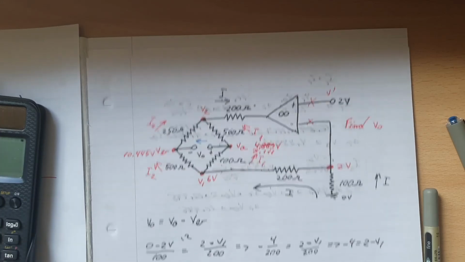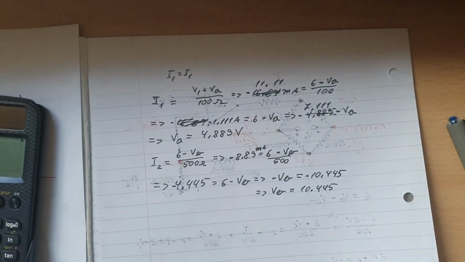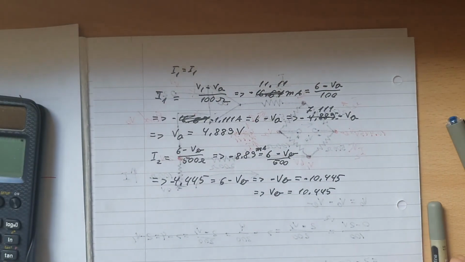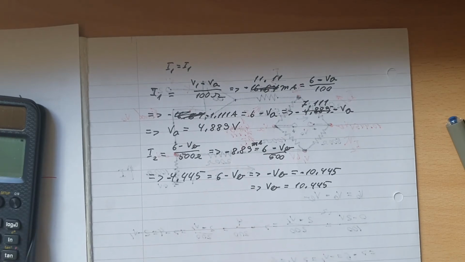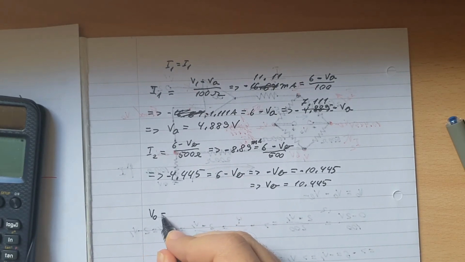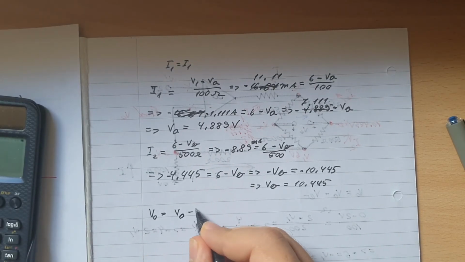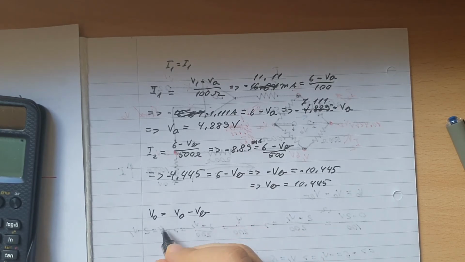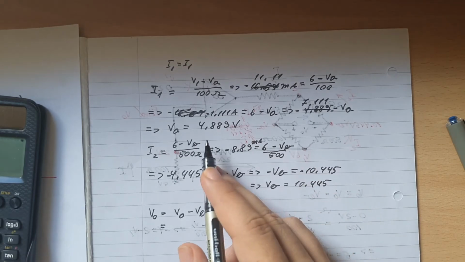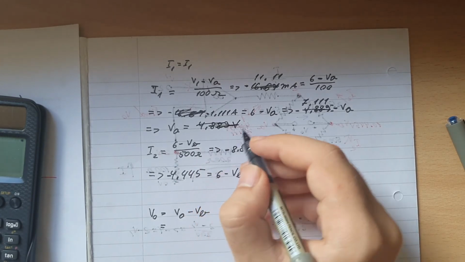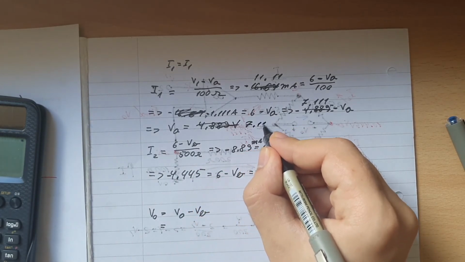So we got the value for VA, we got the value for VB. Now what we need to do is to just calculate the total. Alright, so then V out will be equal with VA minus VB. I need to correct it here, so it's 7.111.